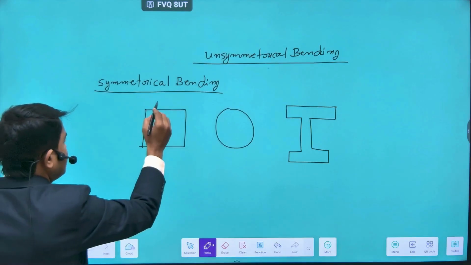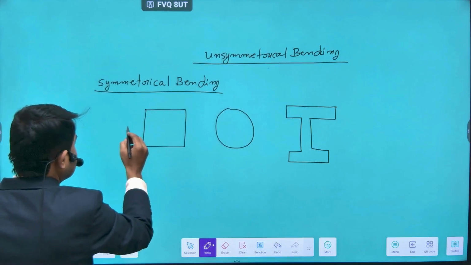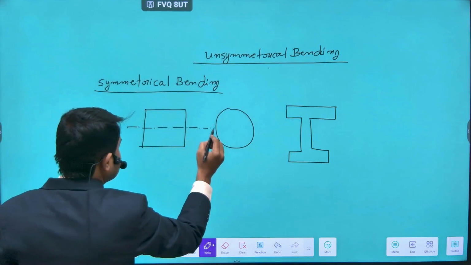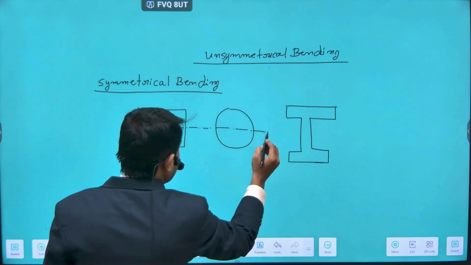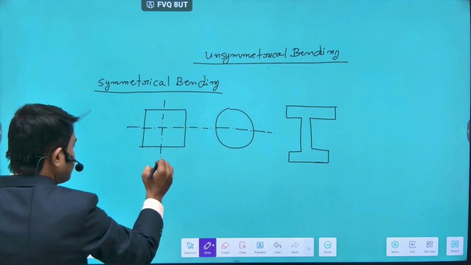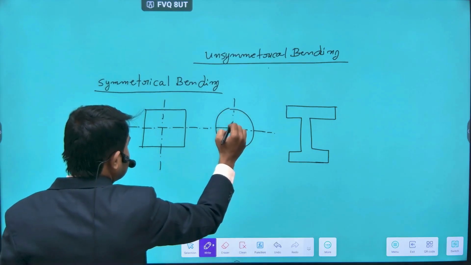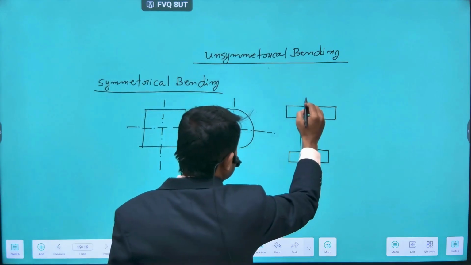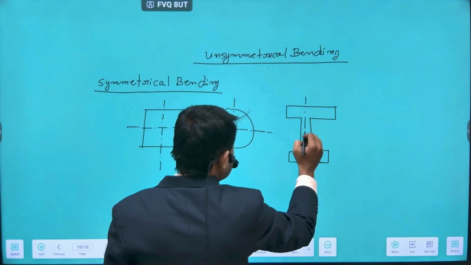So why it is symmetrical: suppose this is the x-axis of the symmetrical sections and this is the y-axis. The horizontal axis is x and the vertical axis is the y-axis.